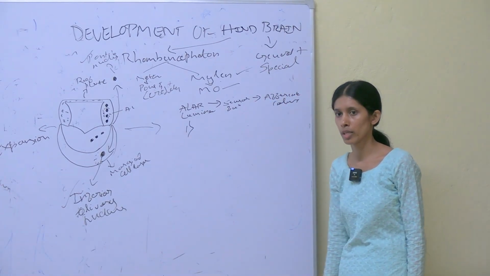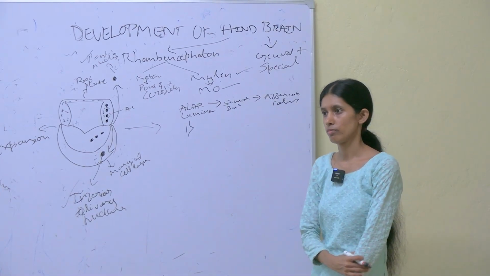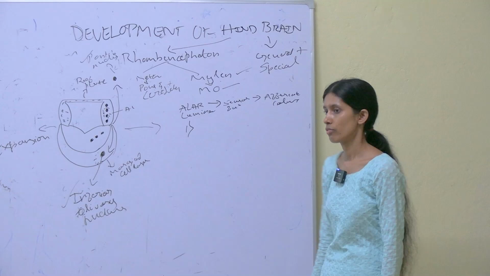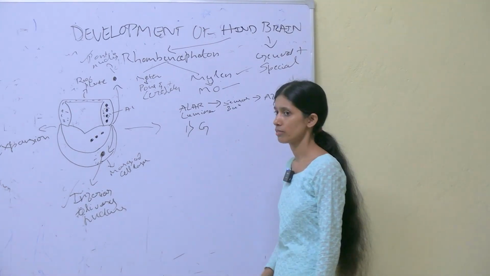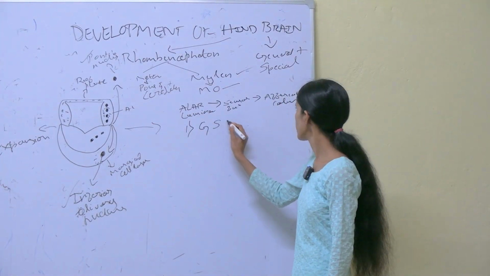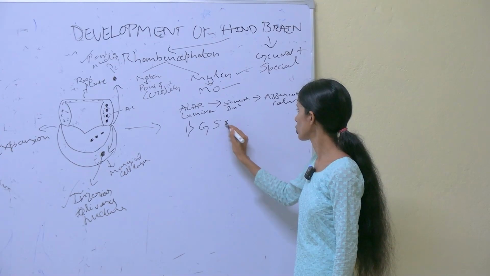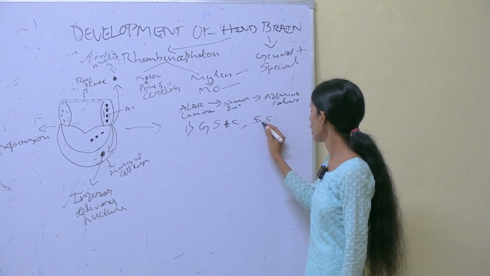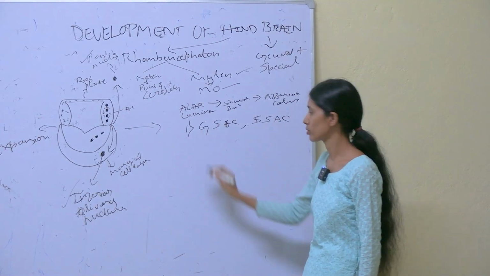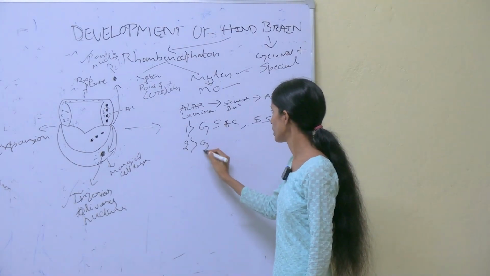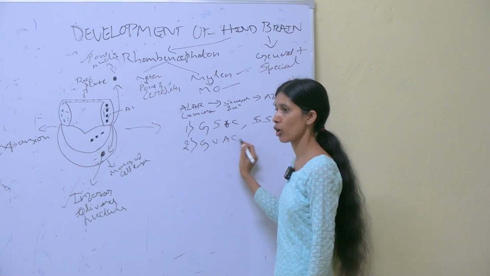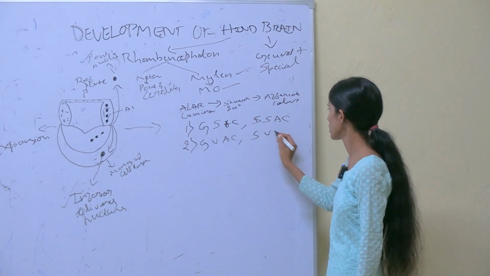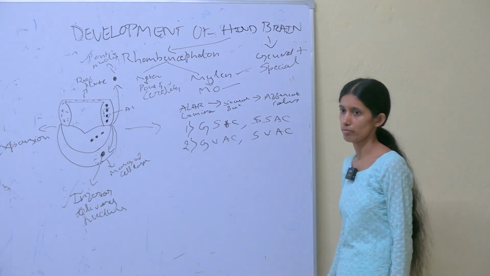Okay, can you name them now? We have general somatic afferent column and special somatic afferent column. And next we have general visceral afferent column and special visceral afferent column.